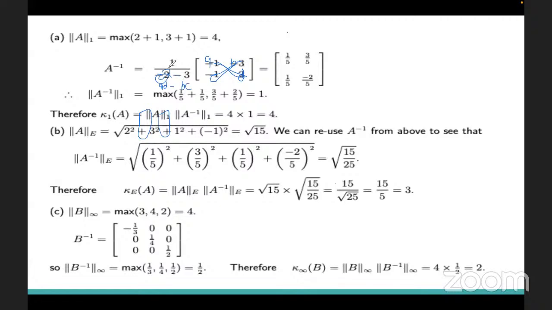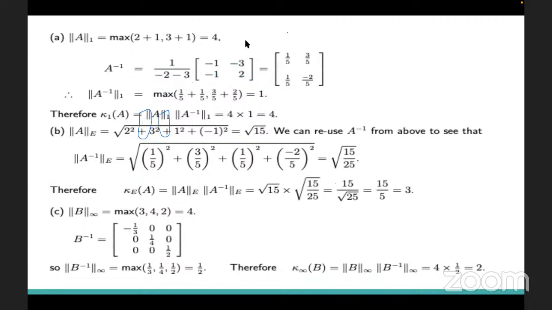That is how we arrived at this. So we do 1 all over the determinant. AD minus BC is the determinant of a 2x2 matrix, right? So we do 1 all over minus 2 minus 3. That's the first step.